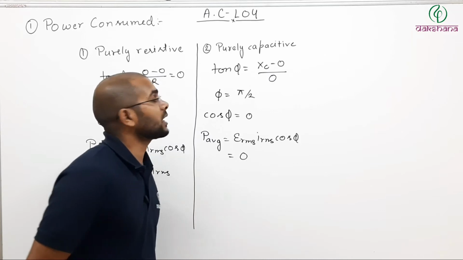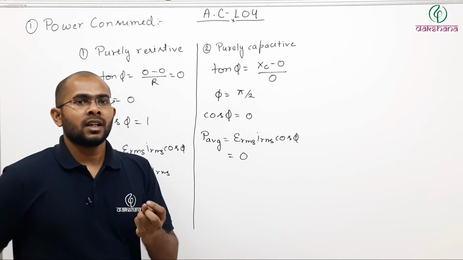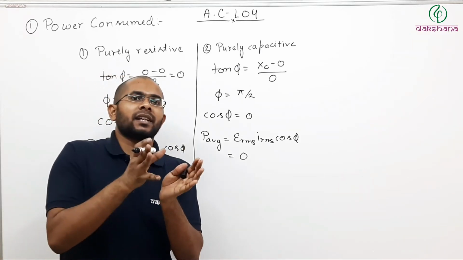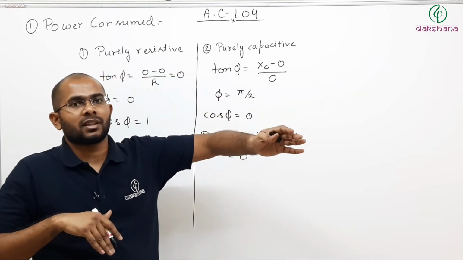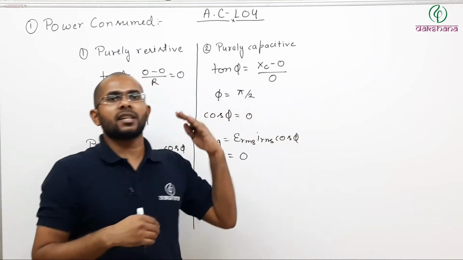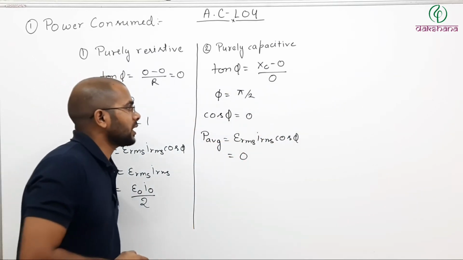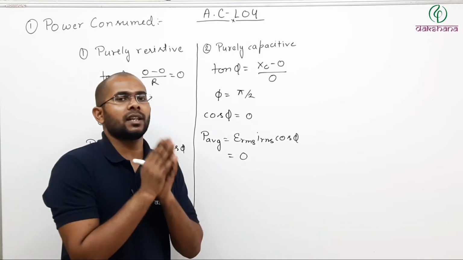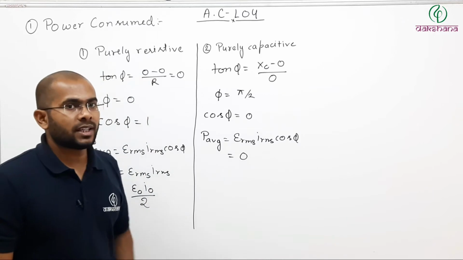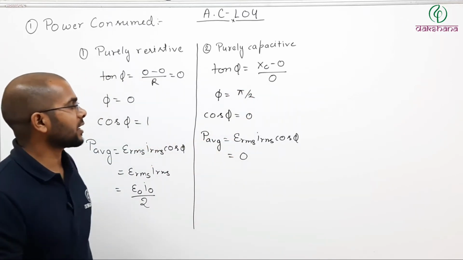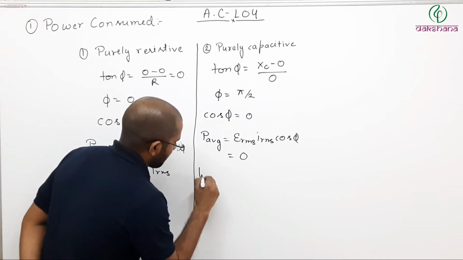Why? Because all the work done by the source in one positive cycle will be stored in the capacitor, and when the current reverses, that energy will be given back. So average power is 0.